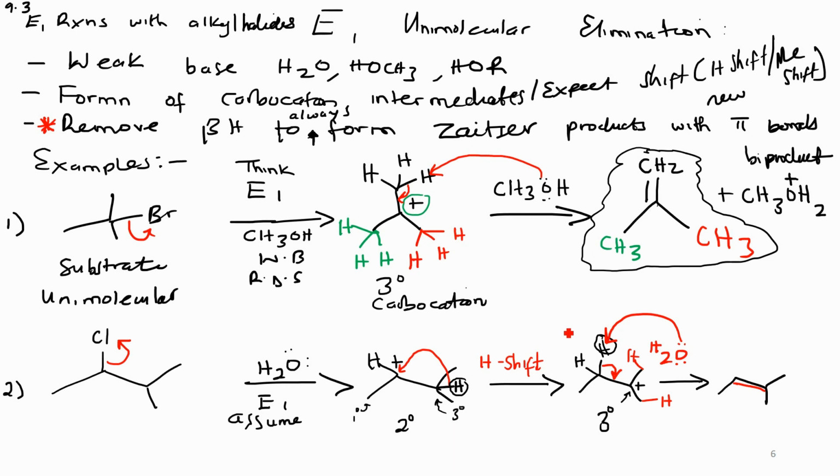So prioritize the hydrogens which are sitting on a more saturated beta carbon. Always try to make the Zaitsev product for E1, unless the beta hydrogens are non-existent. Okay, so the water that picked up the hydrogen becomes H3O plus, because H2O gained a hydrogen. The oxygen used its lone pair, so it has to bear a plus sign on the byproduct. Again, this is not what I'm interested in.